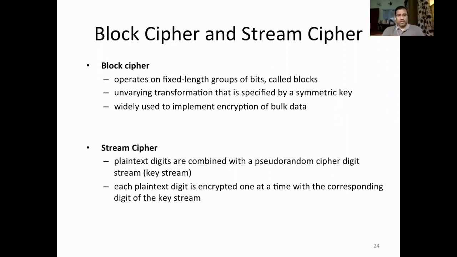Stream cipher works on a digit stream, which is normally 1 byte, so you encrypt your data byte-wise. That's a very common process when you are doing something online, when your data is coming in continuously and you don't know when the data will stop.